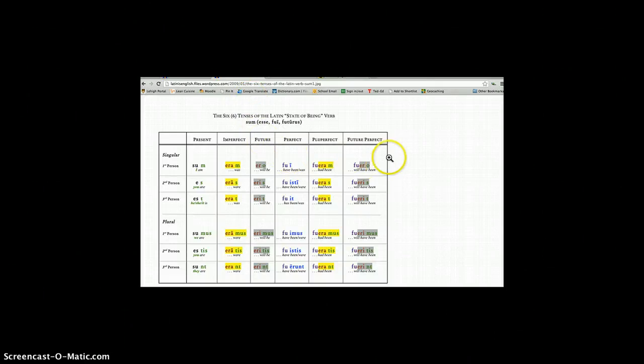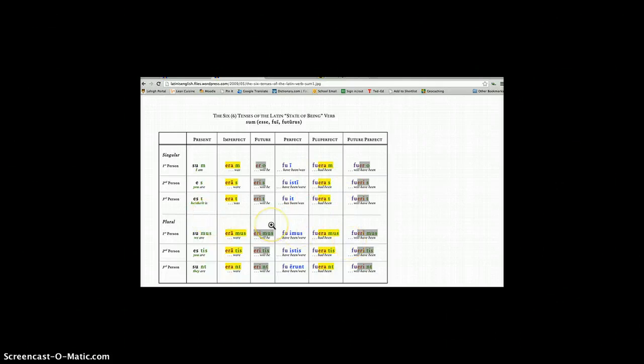I just have this here so that you can look at why it's irregular. This is our favorite verb, to be. And it is annoying because the stem is constantly changing. We have sum, es, back to sum, and then we have era, eri, fu, fu, and more fu.